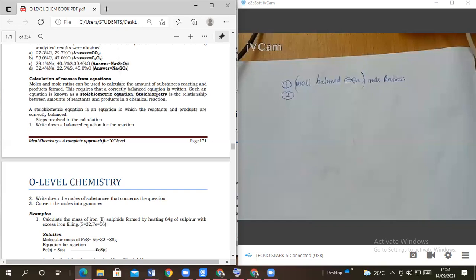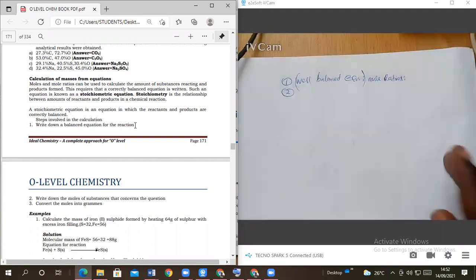Now here they are saying stoichiometry is a relationship between amounts of reactants and products in a chemical reaction. Then they say a stoichiometric equation is an equation in which reactants and products are correctly balanced. So, the steps involved in the calculations: write a well-balanced equation.